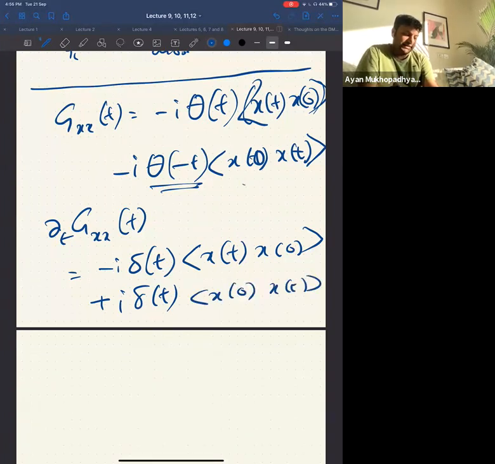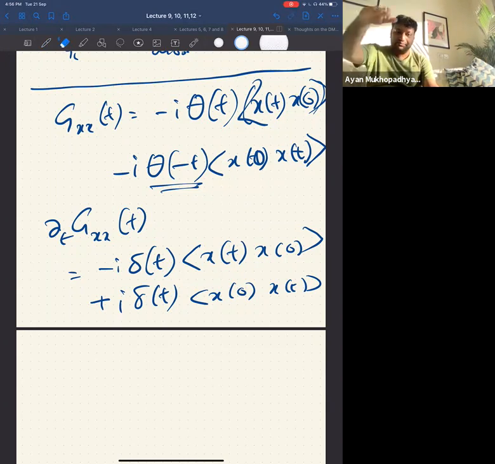That's easy to see because theta t jumps like this and theta minus t jumps the other way, so it's a negative discontinuity versus a positive discontinuity. Now you have to simply take t equal to 0, and the right hand side is the same, simply x square 0. So these two terms actually will cancel out if I take a derivative of theta.